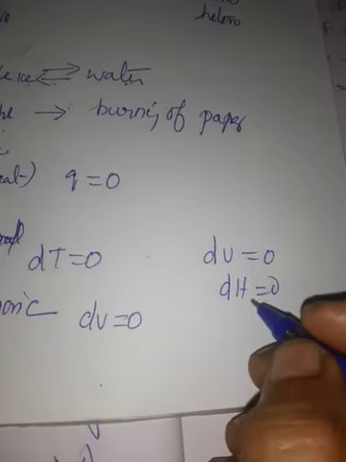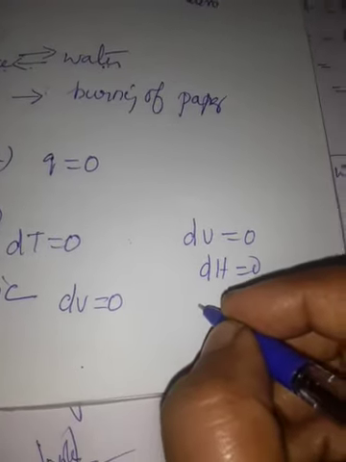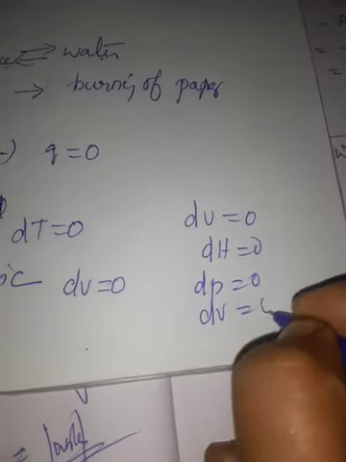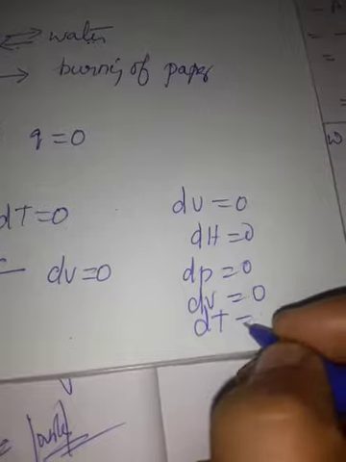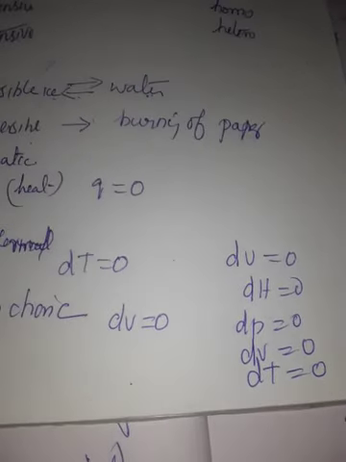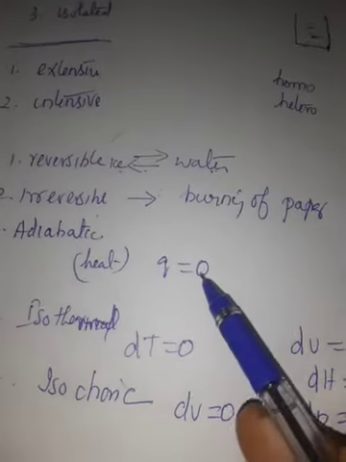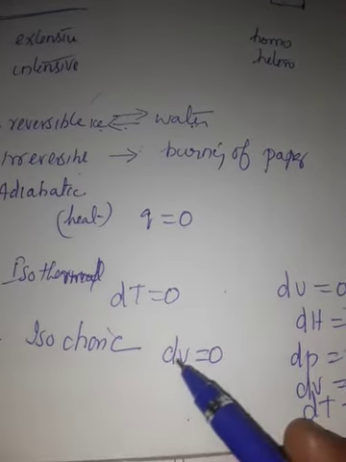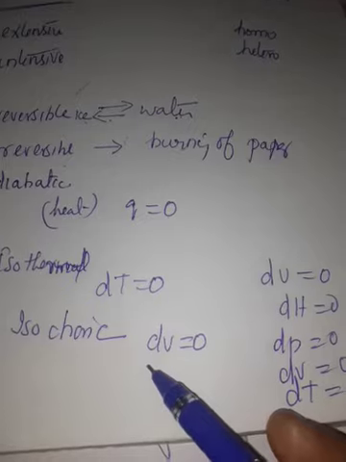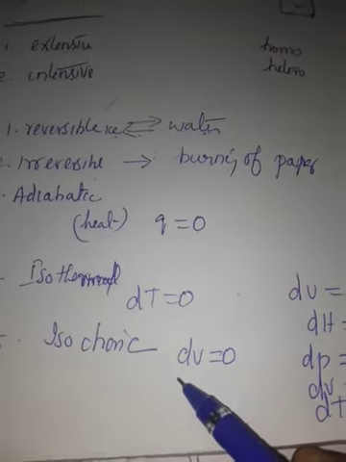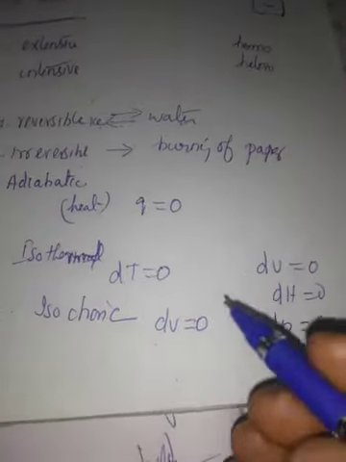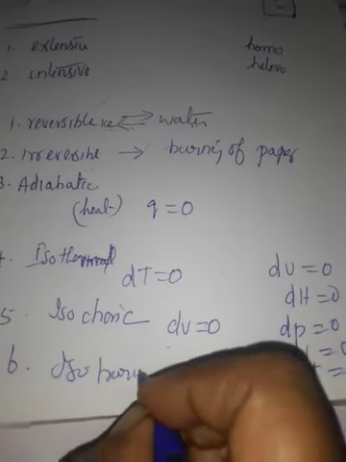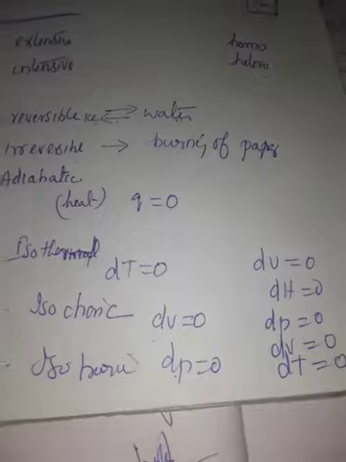U means internal energy, H means enthalpy. dP is equal to 0, dV is equal to 0, dT is equal to 0. So for adiabatic, Q is equal to 0. Isothermal, temperature remains constant. Isochoric, volume remains constant. One more, isobaric process: pressure remains constant, dP is equal to 0.